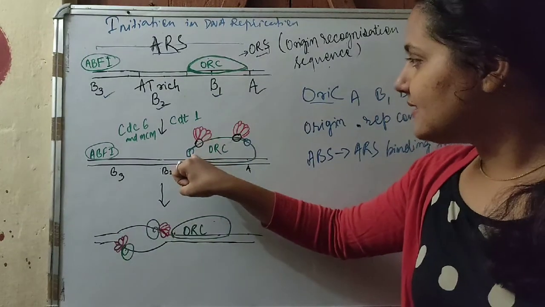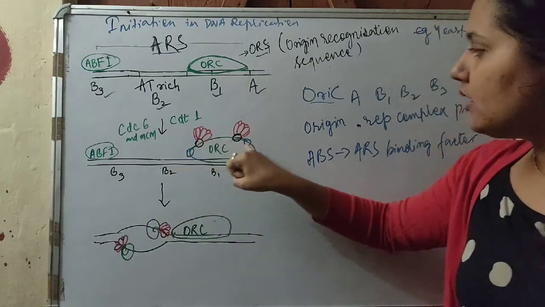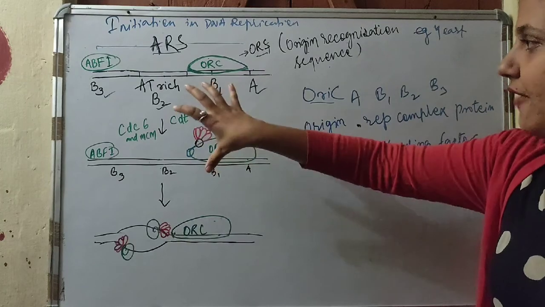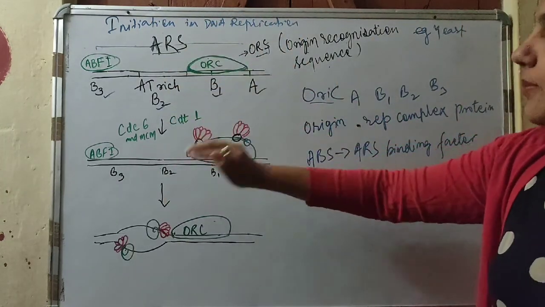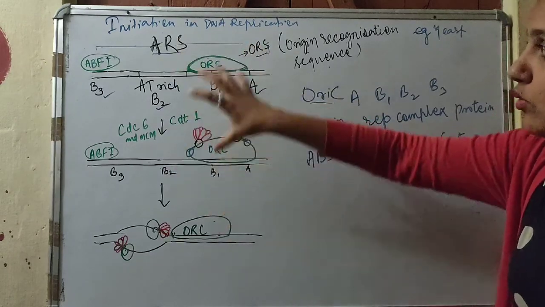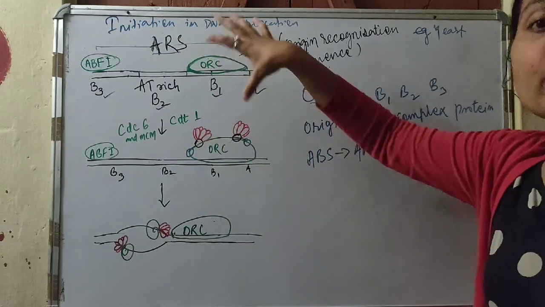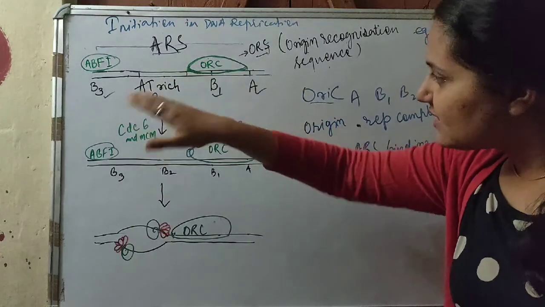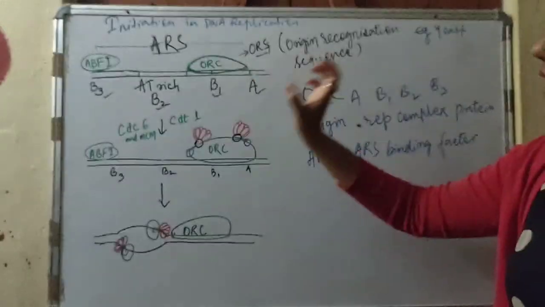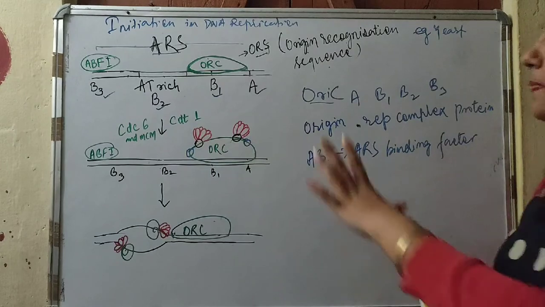This is CDC6, this is CDT1, this is MCM. After the binding of ORC, in the next step this sequence will be recognized by the other proteins, right? So now CDC6, CDT1 and MCM will bind.